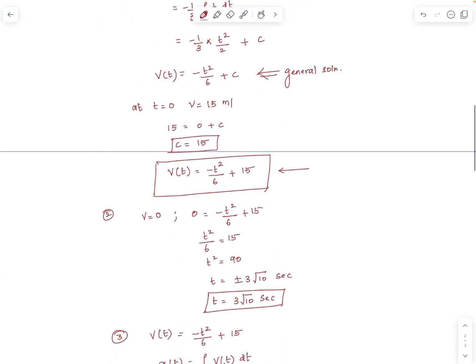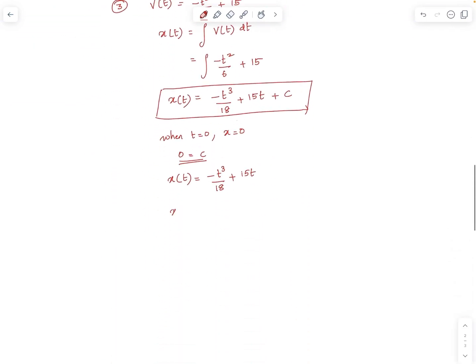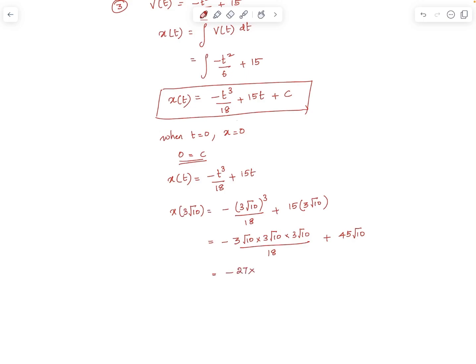That is, we have to figure out the distance that has been covered in the time duration 3 root 10, which is minus 3 root 10 the whole cube by 18 plus 15 times 3 root 10, which can be written as minus 3 root 10 into 3 root 10 into 3 root 10 by 18 plus 45 root 10, which gives minus 27 times 10 root 10 by 18 plus 45 root 10.